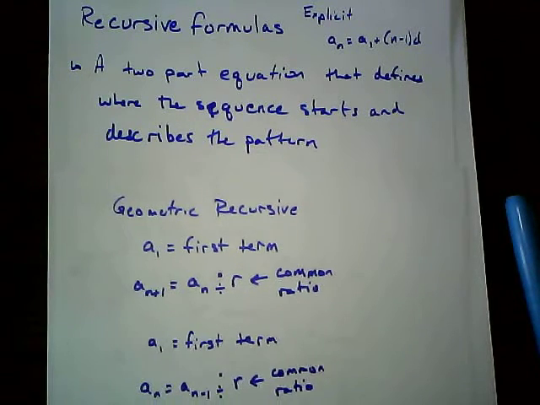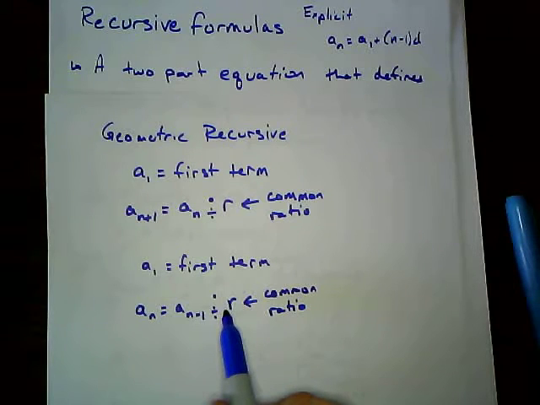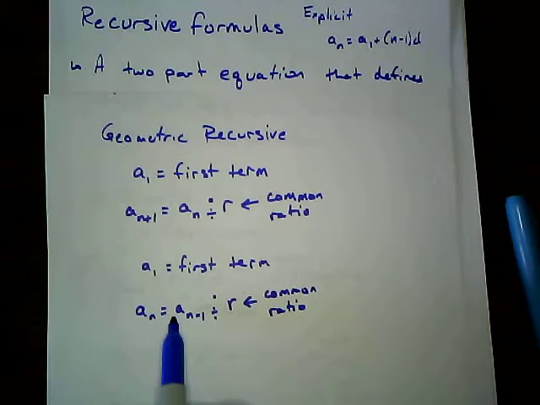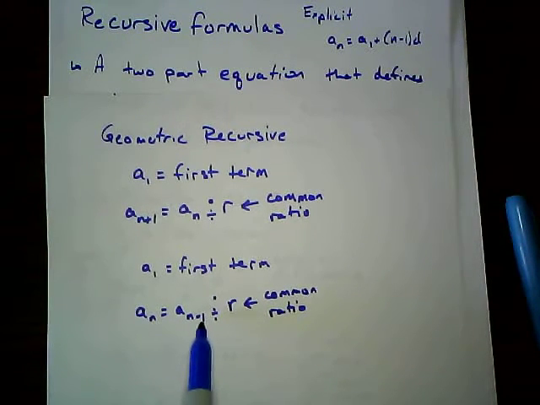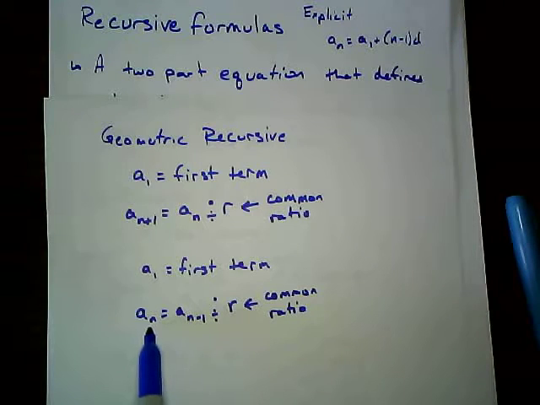Now once again, here's our common ratio. We're multiplying or dividing by r. And then we have a sub n minus 1. That's going to be our term that we have to use to find the next term.